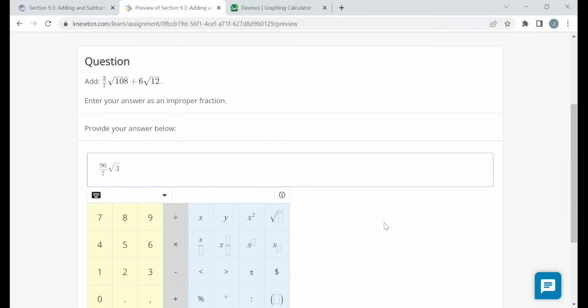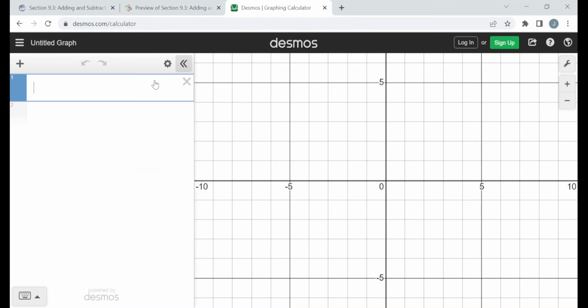And if you want to double check this, check your work, you could go to a calculator here, since this is just numbers. I got this, this is an online calculator, free, at desmos.com. And I punch in the first expression I was given, 2 sevenths times the square root of 108, then plus 6 times the square root of 12.